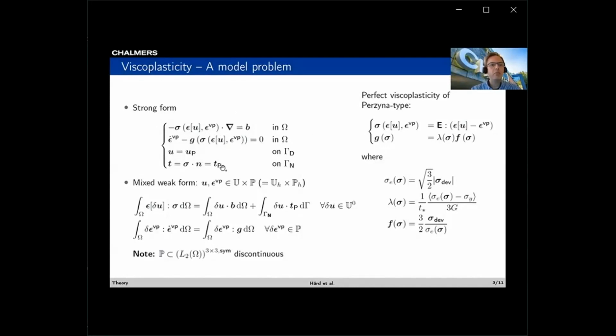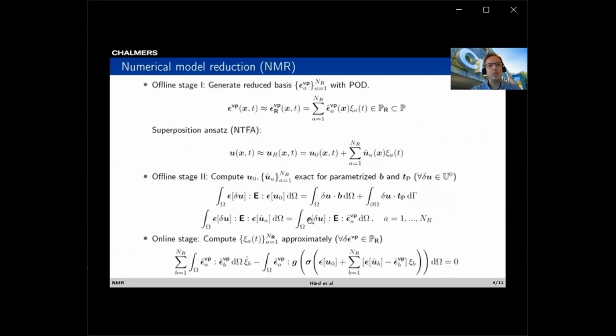We formulate this problem in a non-standard fashion by considering the mixed weak form where the displacements u and the viscoplastic strains are solved for monolithically. In the finite element setting, this means that the viscoplastic strains are typically discontinuous functions. The reason we do this is to accommodate the numerical model reduction scheme, which goes as follows.